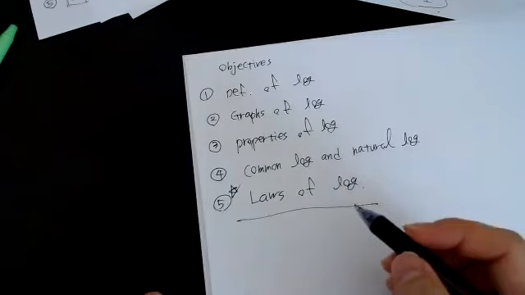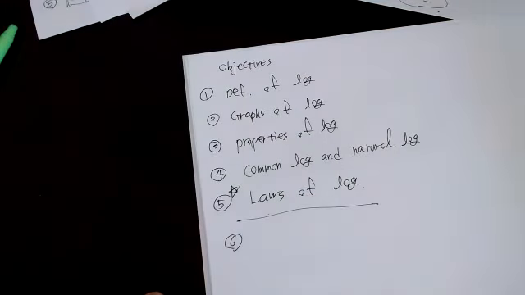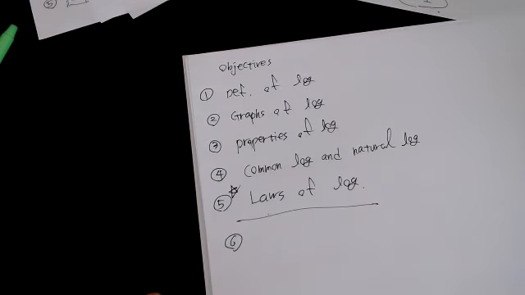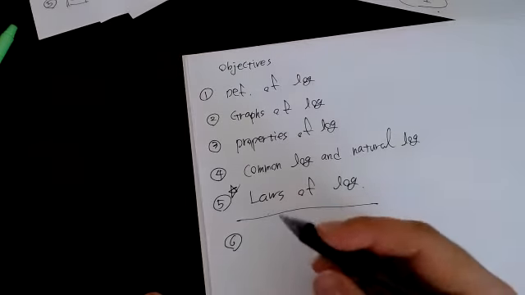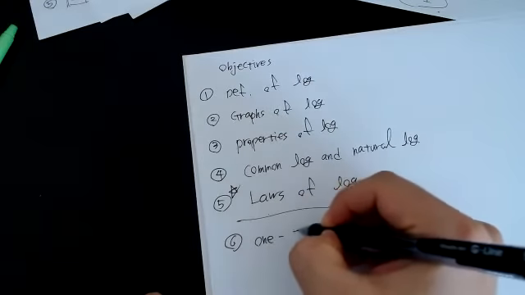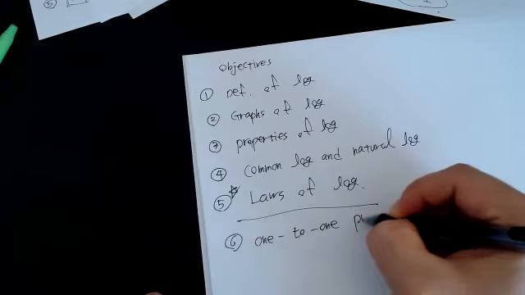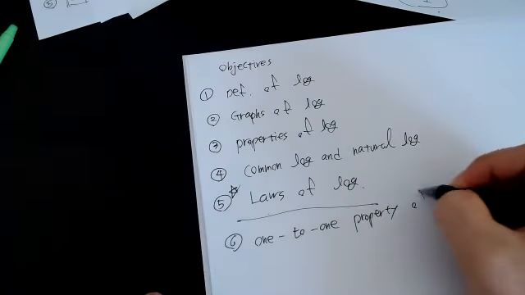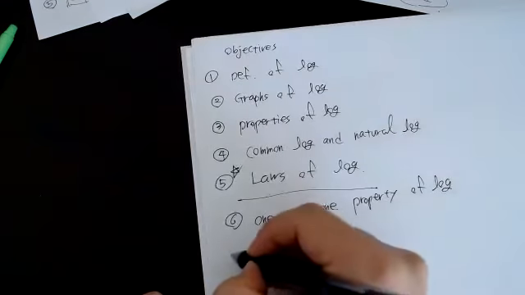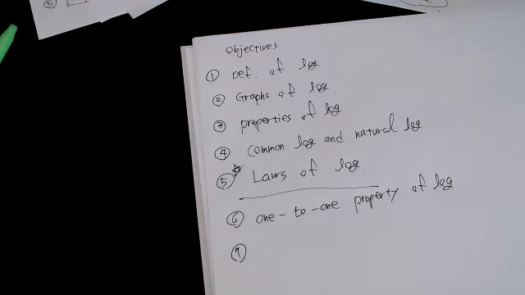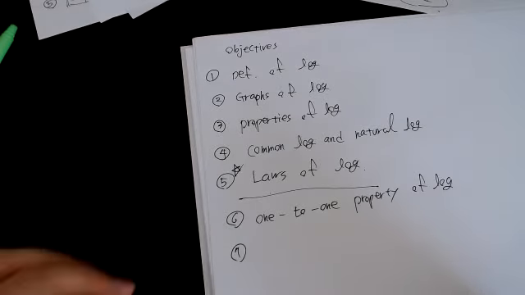Then 6, we're going to study how to solve equations involving log. This is the one-to-one property of log. And 7, we see the logarithmic family of functions: how can you plot the graph of log functions using transformations?